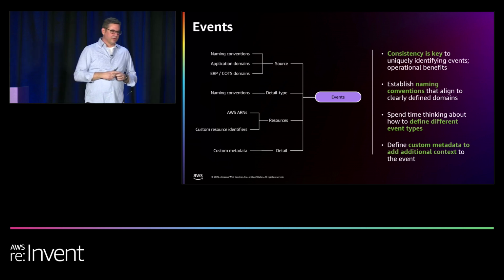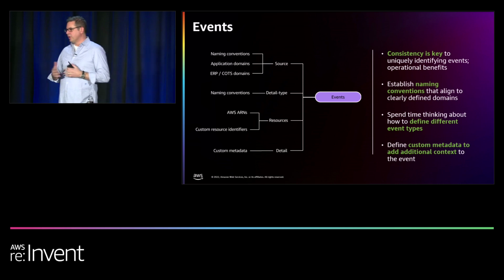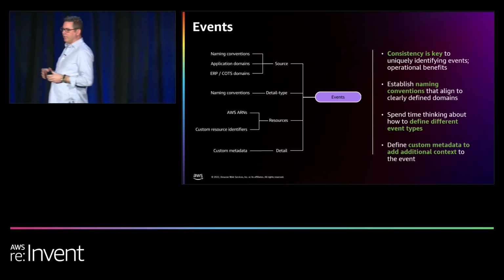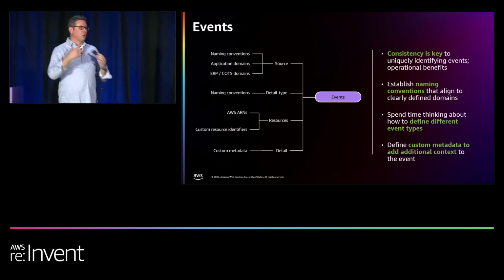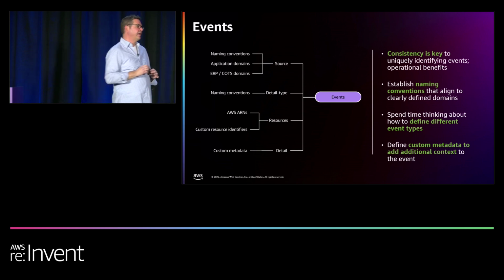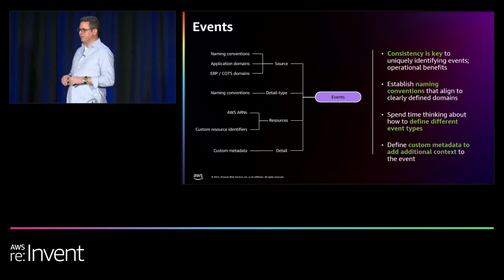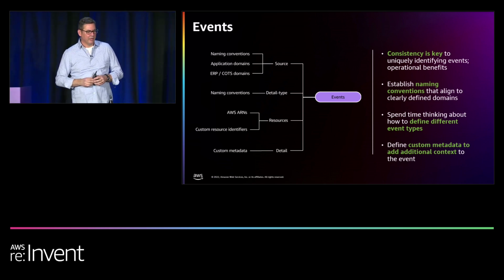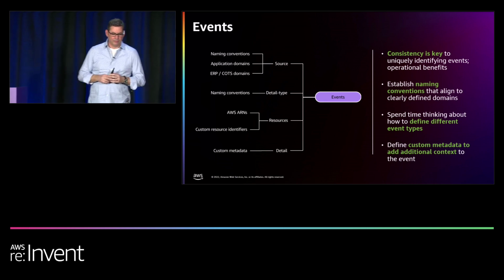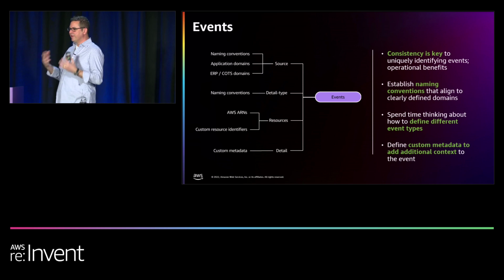Now, another thing to consider when designing your events, and this is what companies like Lego and PostNL have been doing, is thinking about how to extend the context of the event itself. And this includes adding things like a dedicated metadata field that sits along the event detail. Now, this is really useful for adding fields such as immutable event IDs.